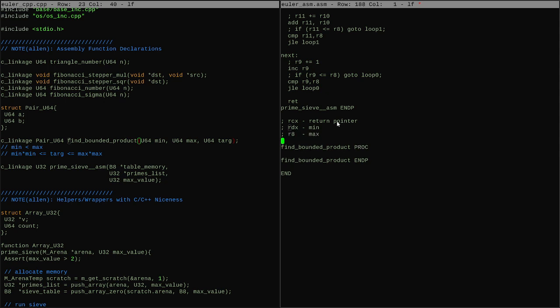R8 will be max. R9, right? Yep. R9 will be target. All right. So at the end, it's going to need to have RAX take the pointer in.